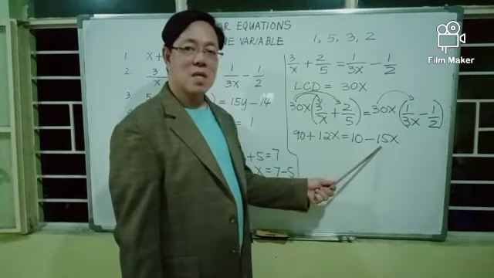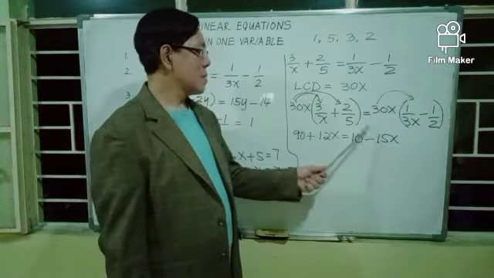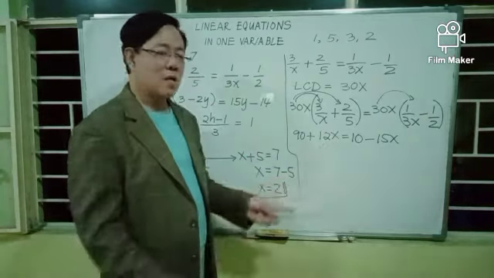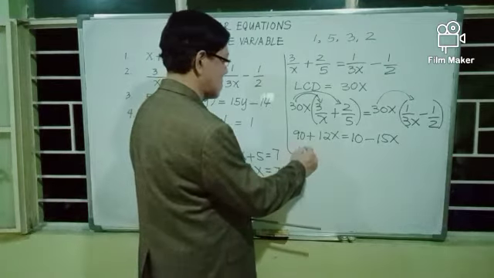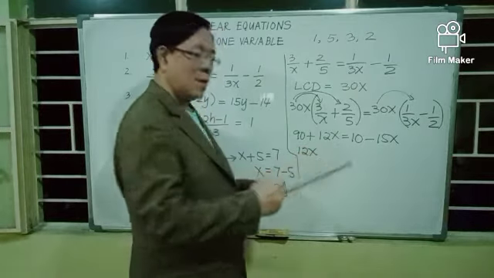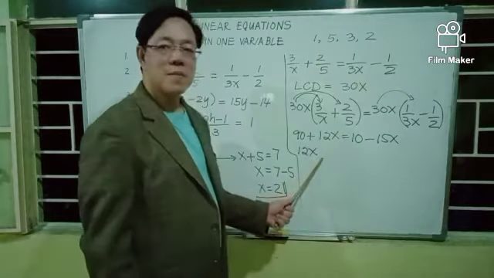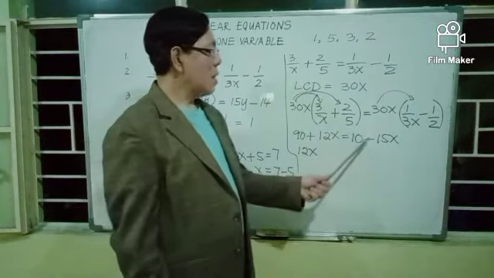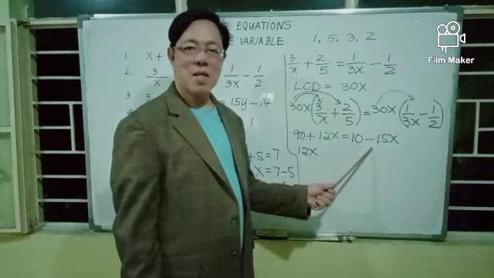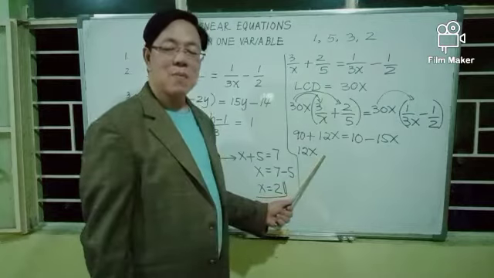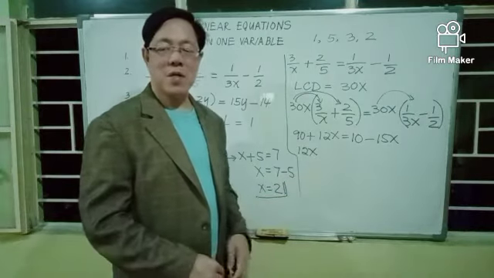We transpose negative 15x to the left-hand side. At the left-hand side, we have 12x. We take the opposite sign of negative 15x, it becomes positive plus 15x after transposition.